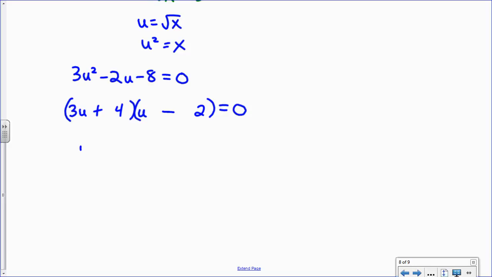So here I have u equals negative 4/3, right? If you set that equal to 0, subtract 4, divide by 3. And here I have u equals 2. Okay, back substitute.